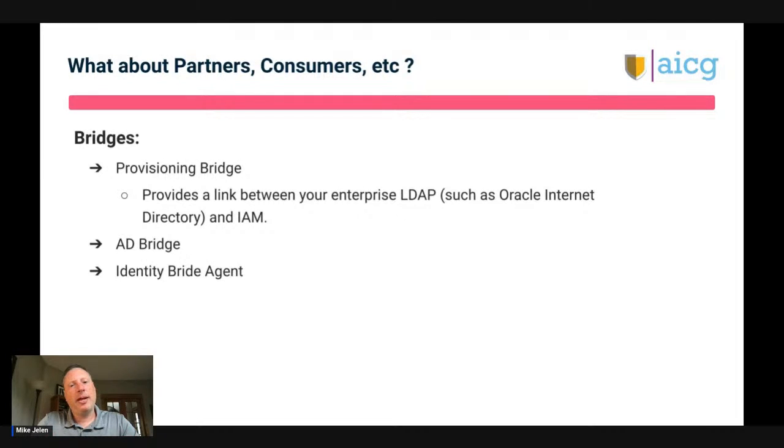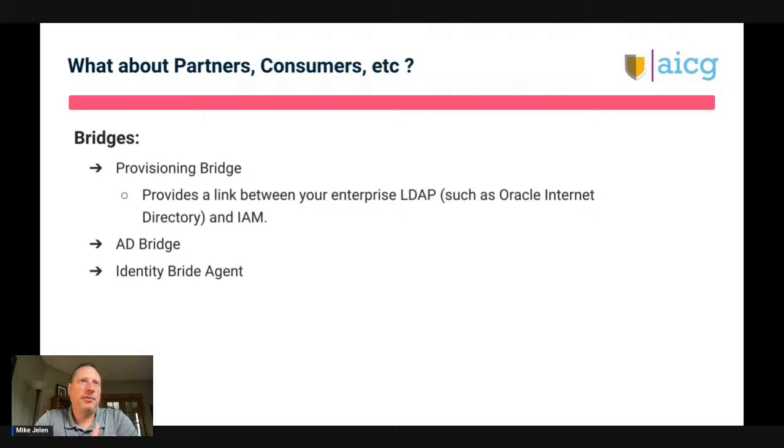And depending upon your individual user and group directory that you are leveraging, it's going to determine which bridge you're going to use within OCI itself. So just to introduce you to a couple of the different bridges, and these are bridges that have their own webinar that we've conducted for you to dive deeper into each one of these bridges. So here we're just going to take a general overview.